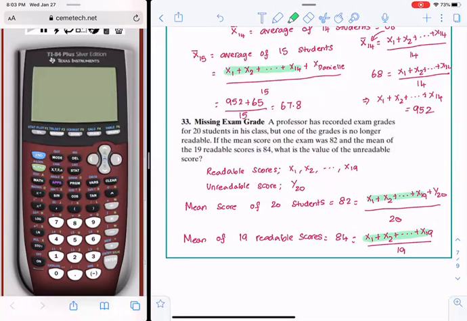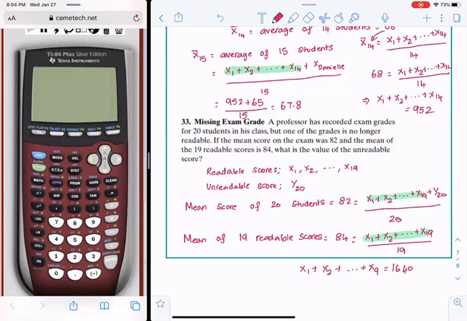In other words, the sum of the 19 readable scores. So if I multiply by 19 on both sides, I would have x1 plus x2 plus x3 all the way up to x19 to be equal to 1640, I believe. Yes. So 1640.